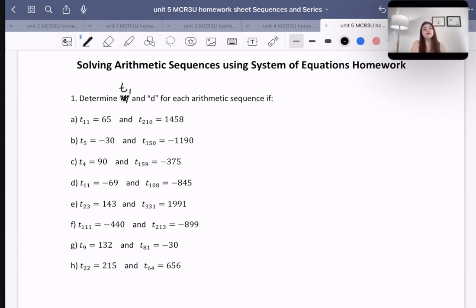And t of 150, the 150th term, is equal to negative 1,190. So they didn't really give us a lot of information. All they told us is two different terms in the sequence. And so it kind of seems as though they didn't give us enough information to solve this kind of question, but they actually did. And I'm going to explain how in a minute.